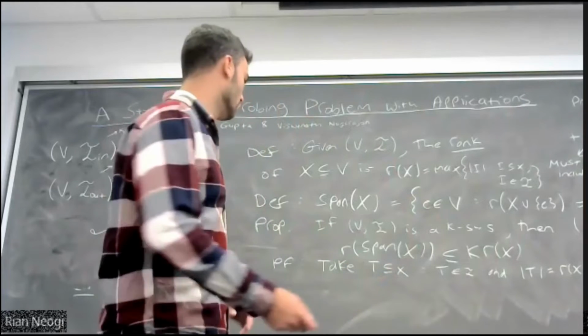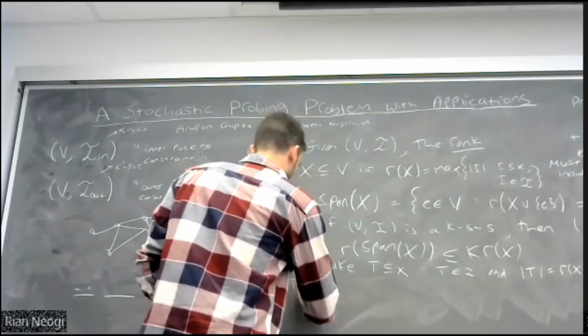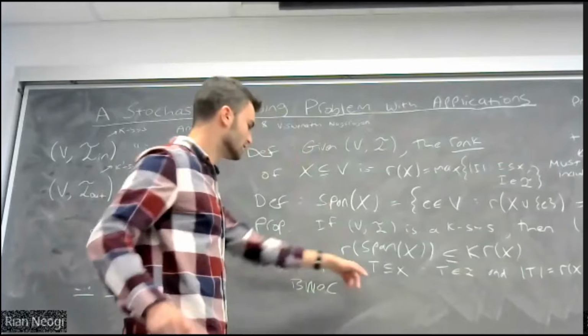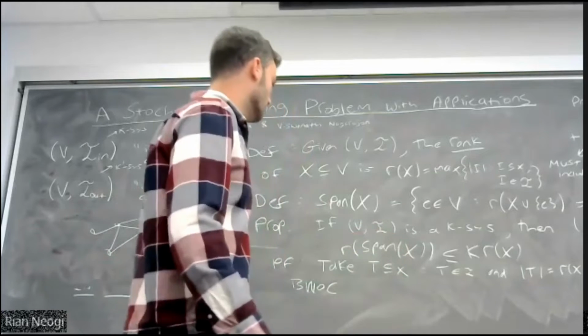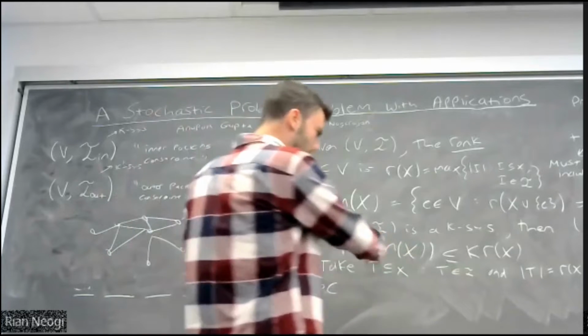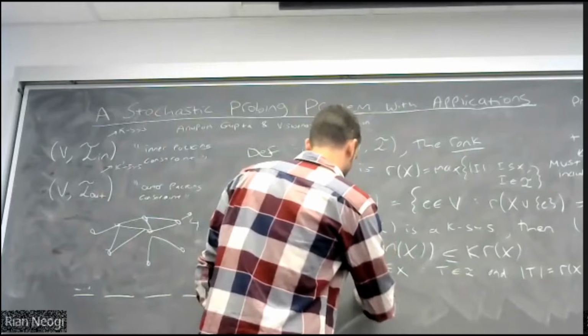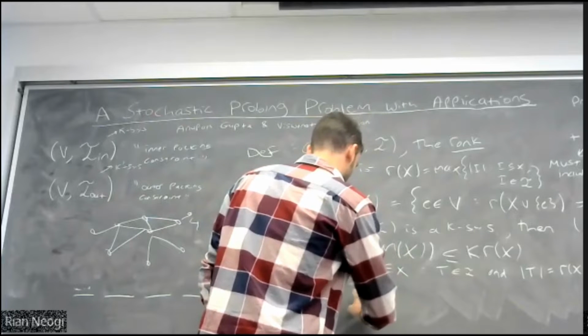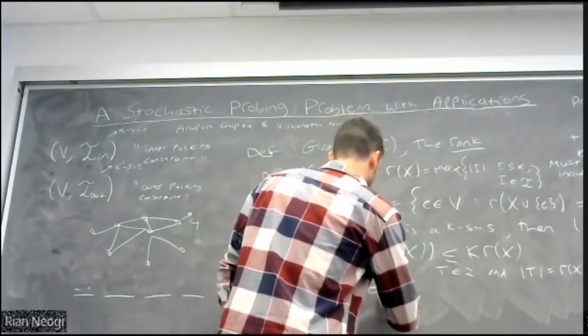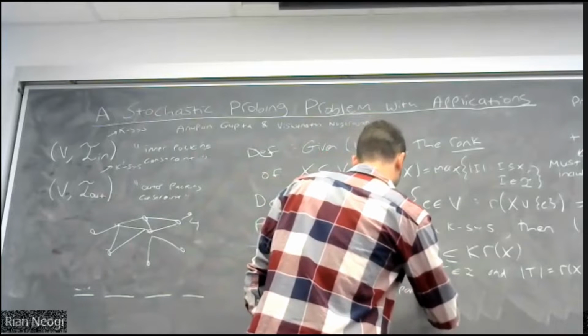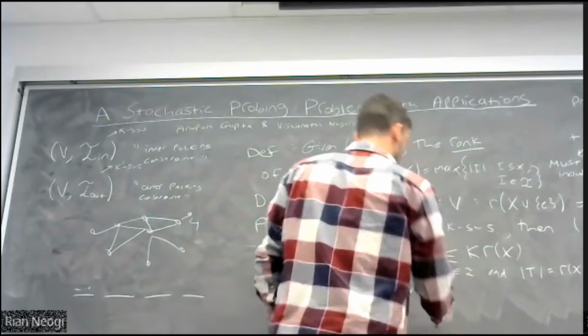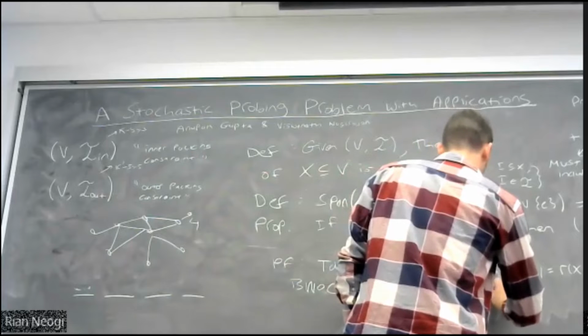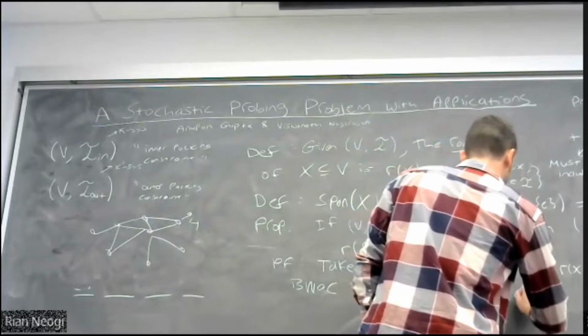Why is it maximal? Well, we assume for a contradiction that it wasn't a maximal independent subset of the span. So then there exists some E in the span of X such that T union E is still independent.